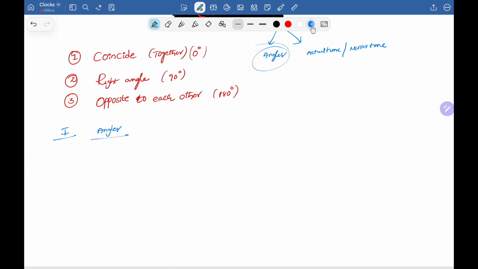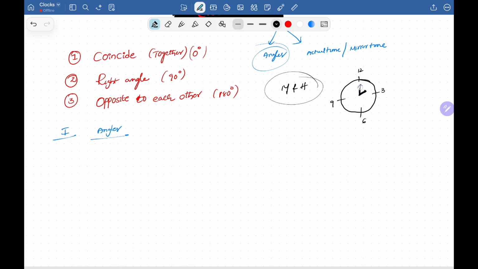In angles, mostly they ask about the minute hand and the hour hand. In a clock, you know, there are 12, 3, 6, 9. The minute hand is big and the hour hand is small.